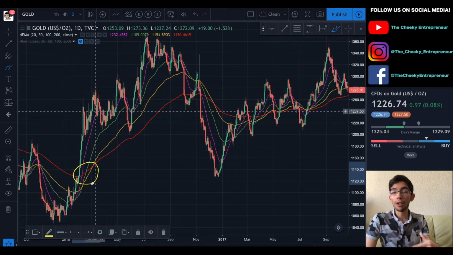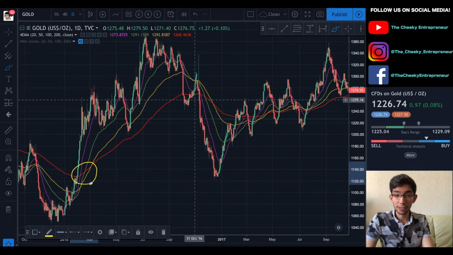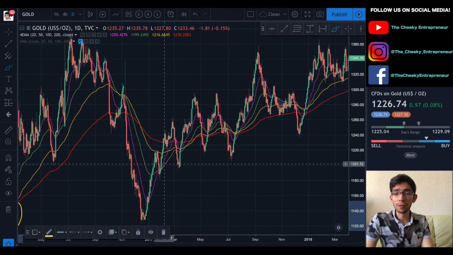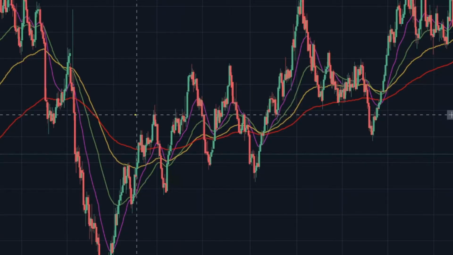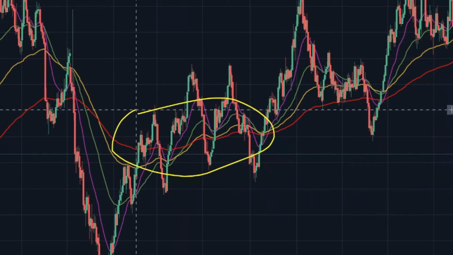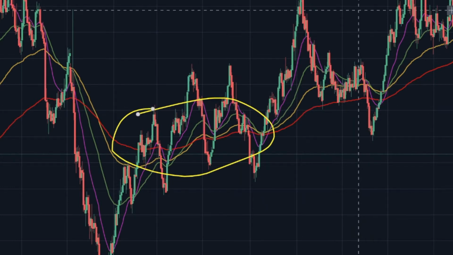The price is way quicker than these indicators for very volatile markets. And because of this, you have a lot of consolidation phases where the price goes up and breaks down and breaks up again, for instance in this scenario, and these are not very reliable signals.